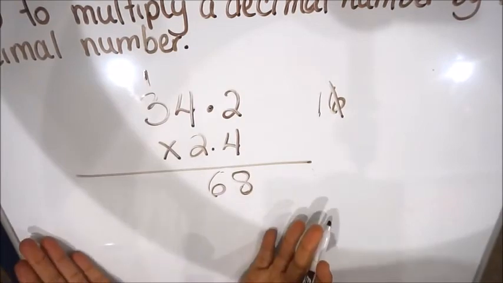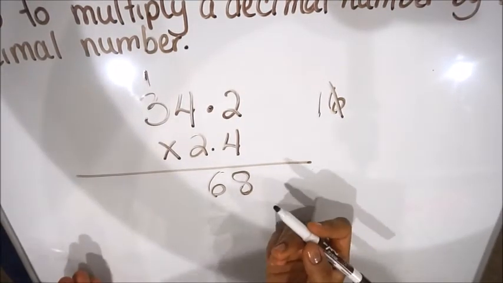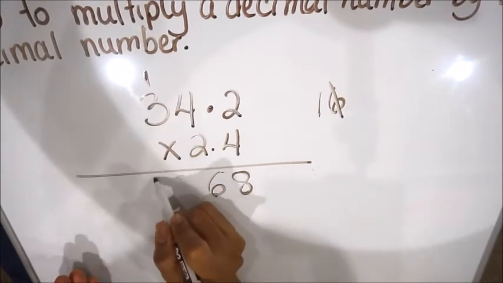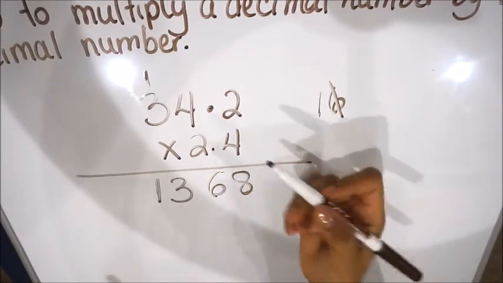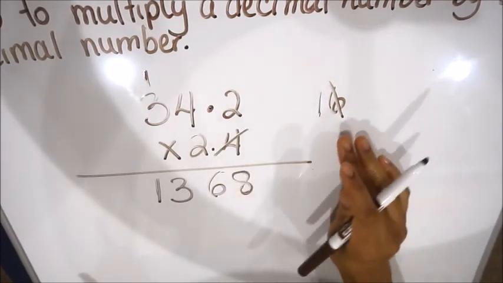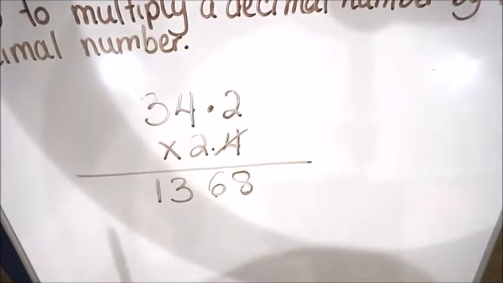Since I don't have any more numbers on my left side, 3 is my last number, I'm going to write 13 right here. I'm going to put the entire 13 in there. Great, so I finished with my 4. I'm going to cross it out. I'm going to erase everything on the outside so I am not confused.